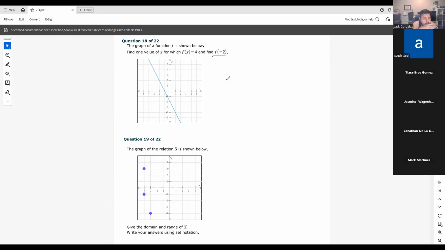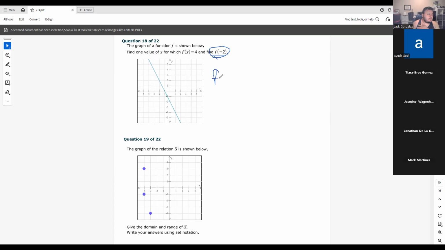So we said x is 4, negative 2. Oh, I think it got it backwards. So when x is negative 2, what is the y value? That's what this is saying.